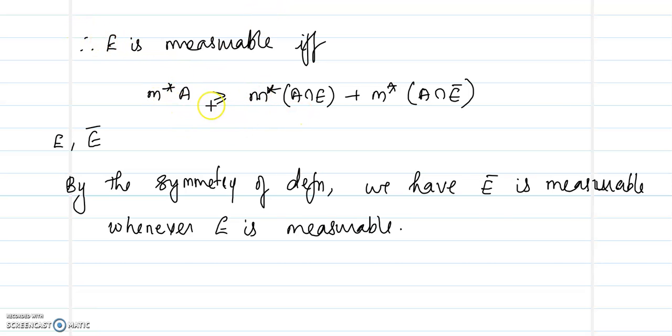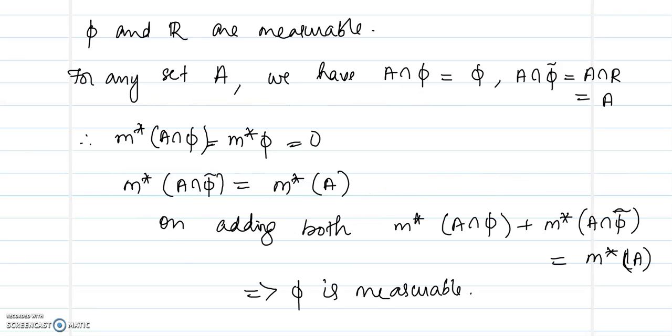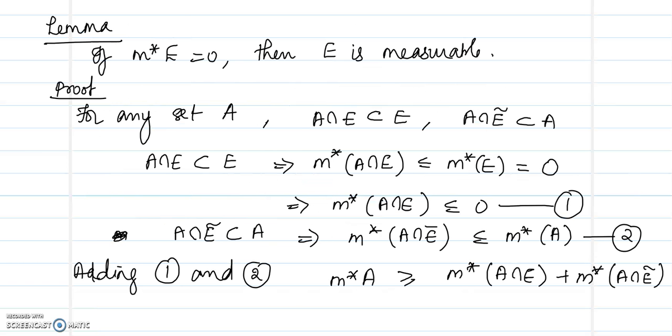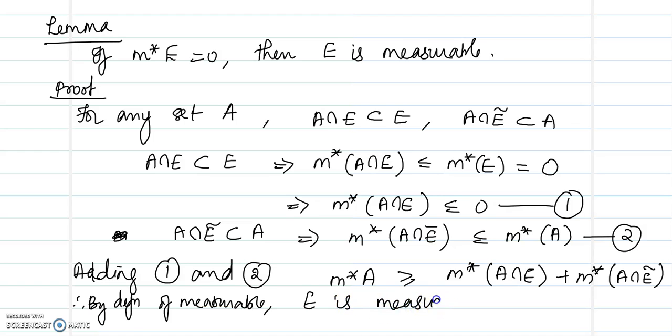Here we have got m star of A greater than or equal to m star of A intersection E plus m star of A intersection E complement. So by the definition of measurability, E is measurable.